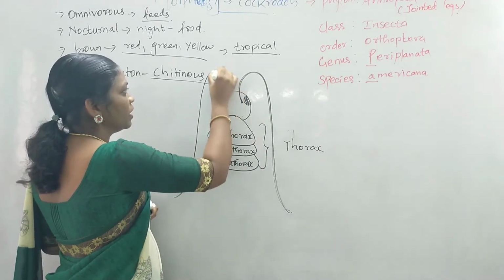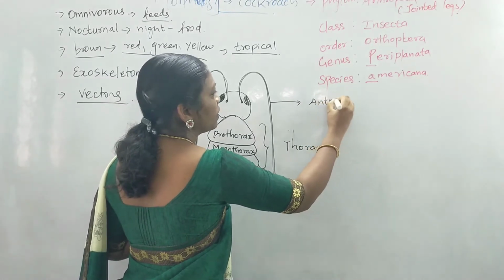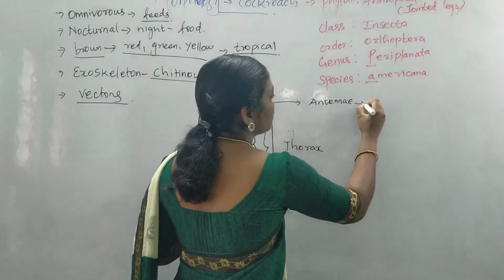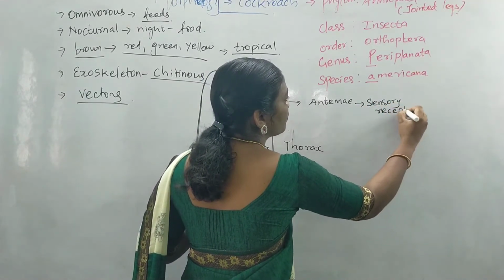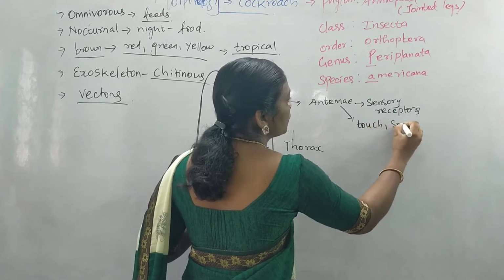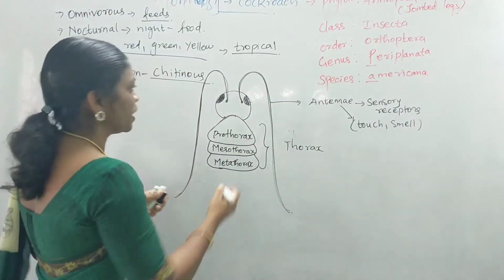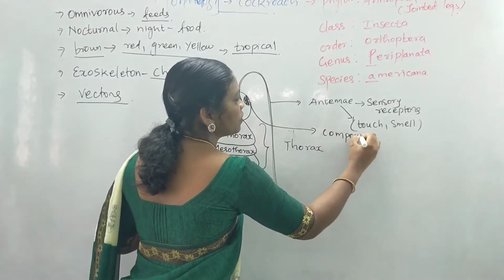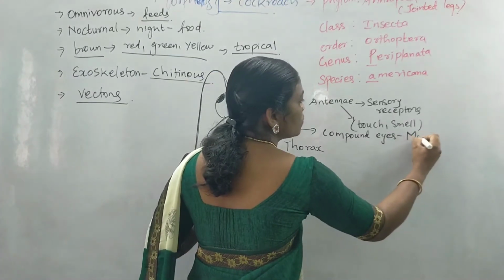The antennae have sensory receptors for the sense of touch and smell. These are a pair of large compound eyes, and they exhibit a kind of vision known as mosaic vision.